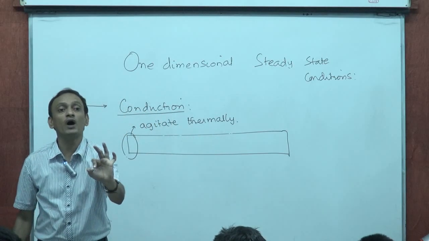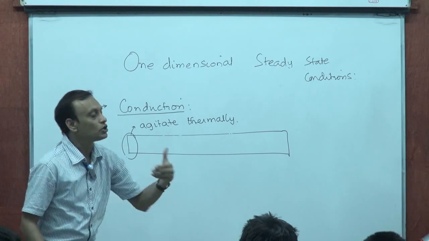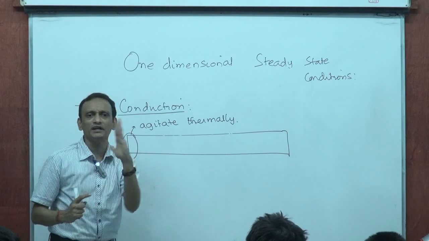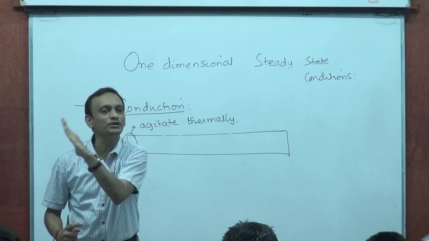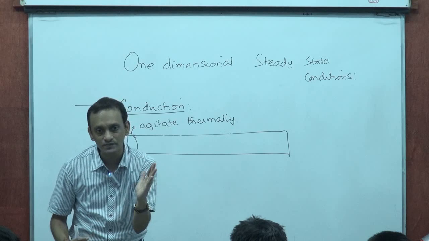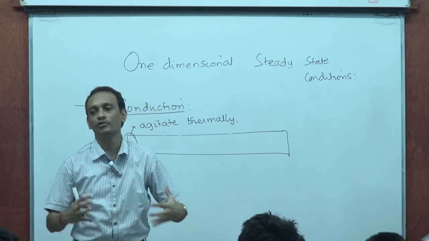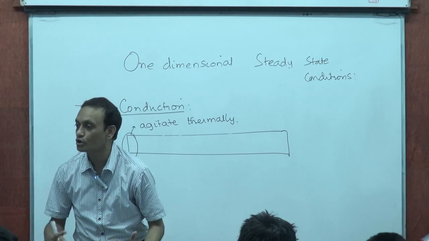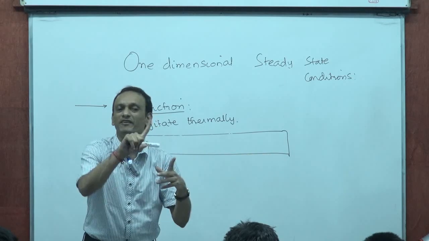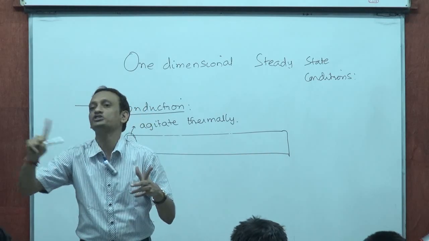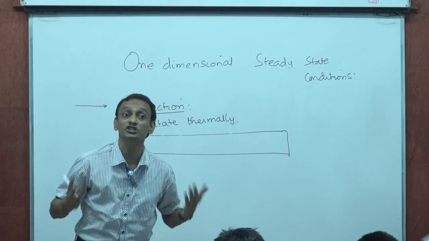This mode of heat transfer does not involve bodily movement of the particles. All it involves is sharing of energy because of increased amplitude of vibration of the constituent particles, resulting in what's referred to as flow of heat. This form of transfer of heat is called conduction. The particles don't move bodily away, but they vibrate about their mean position and share energy with the neighboring particles, resulting in flow of heat. So that's essentially conduction.